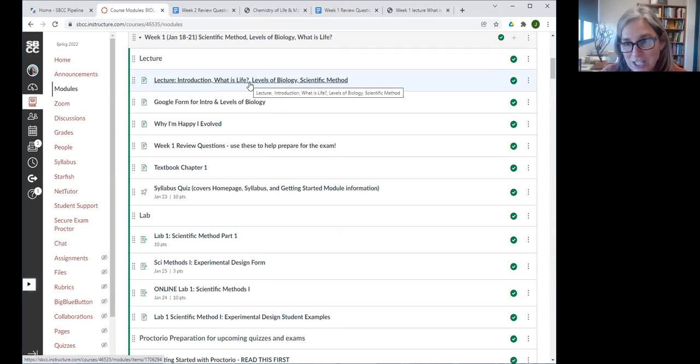When I first started teaching this class 16 years ago, students wanted a review sheet because when it came time to take an exam, students were unclear about what they should study. So I did a review sheet before the first exam with all these questions, and I said, well, you should know the answers to all of these questions.